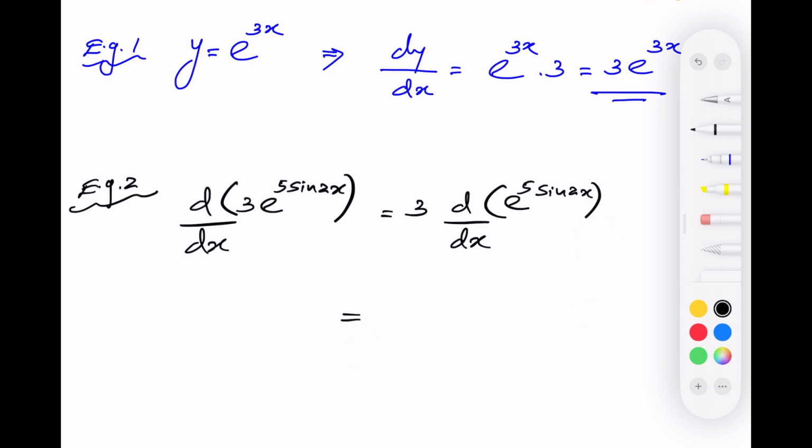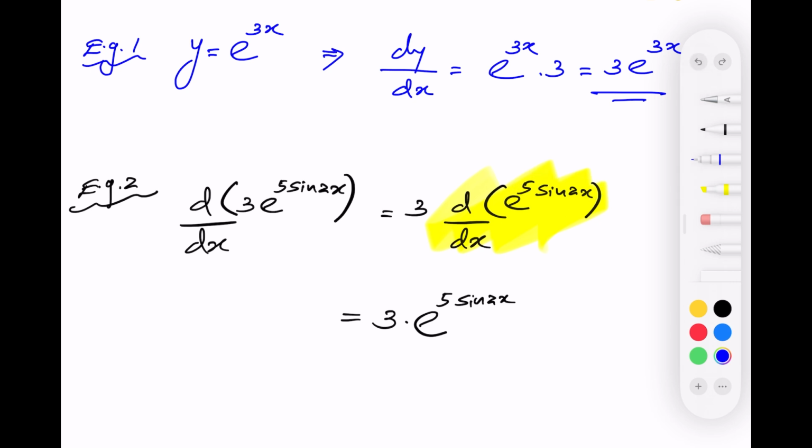This is going to be equal to, let me write down the 3 right here, first of all, 3 times the differentiation of all of this part. When you differentiate that part, I need to simply write down this function as it is. That is the first part of that differentiation. When I do so, it will be e raised to 5 sine 2x, and then I need to differentiate this exponent. 5 times sine 2x should be differentiated.